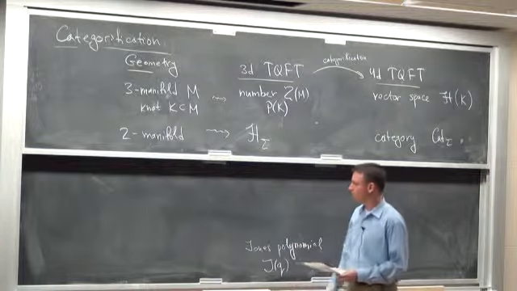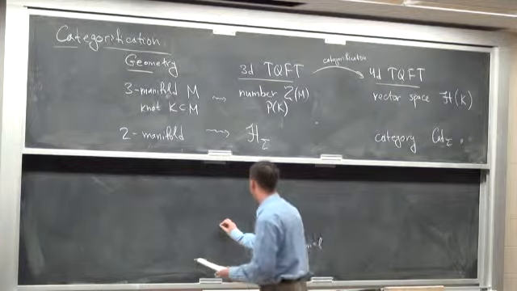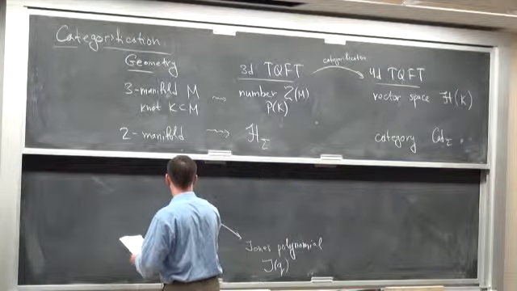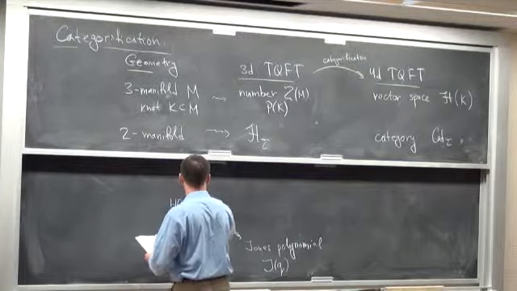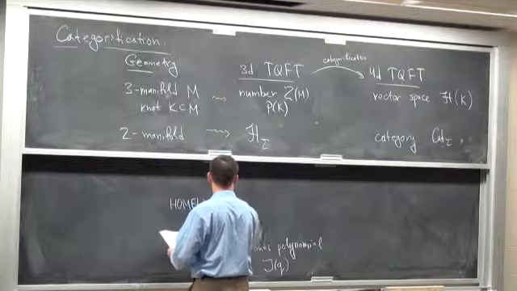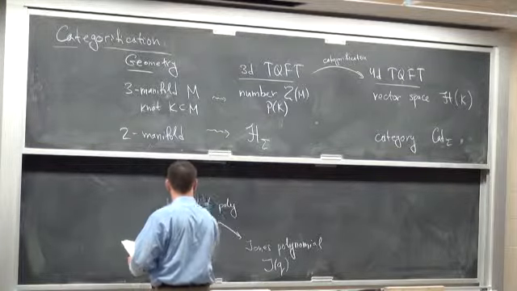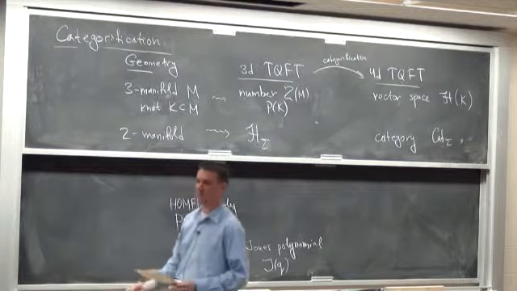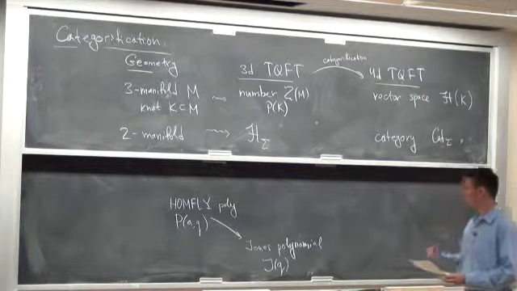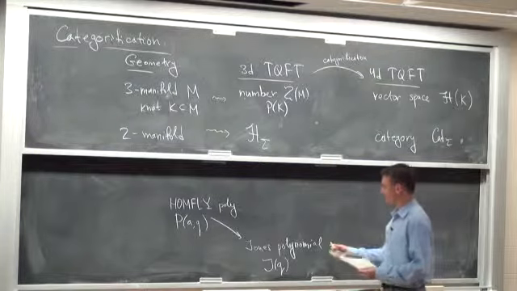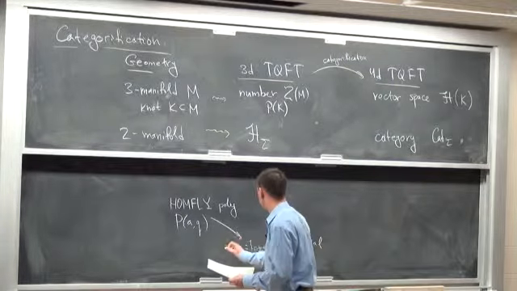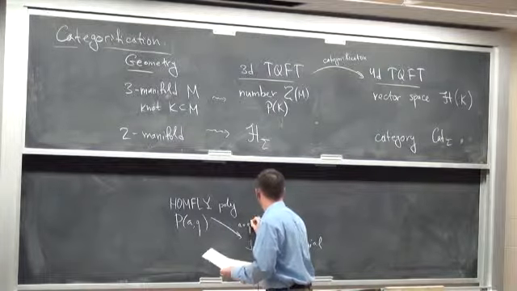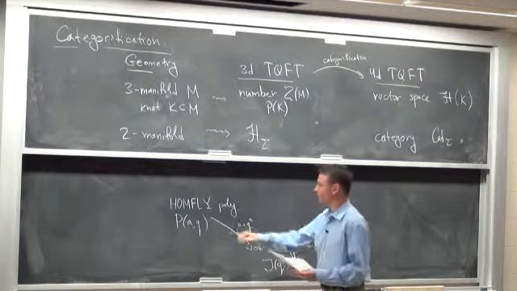For us, the Jones polynomial came as a special case of a more general invariant called the Homfly polynomial. We call it P of A and Q, and the example is just here on the board. Specializing A equals Q squared kills one of the variables.